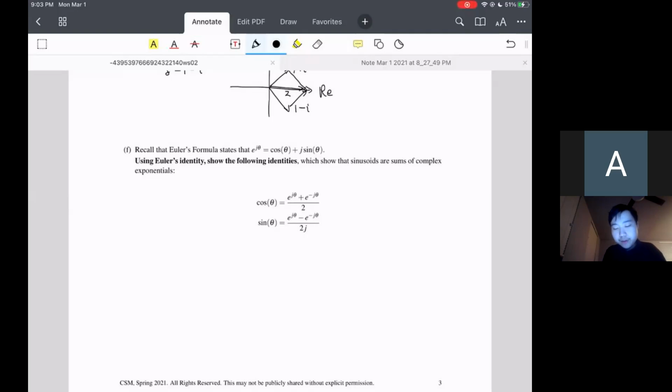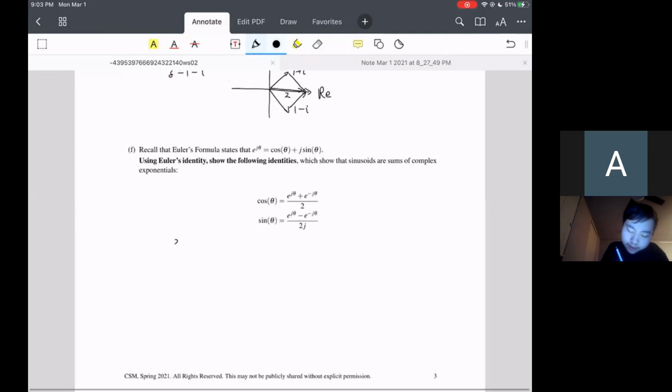Okay, so because the only thing that we can use is Euler's identity, the first thing that we're going to do is find multiple values of theta that might be meaningful for us. So the first equation that we're going to write is obviously just Euler's formula itself, which states that e to the j theta is equal to cosine of theta plus j times sine of theta. And then we write something else.